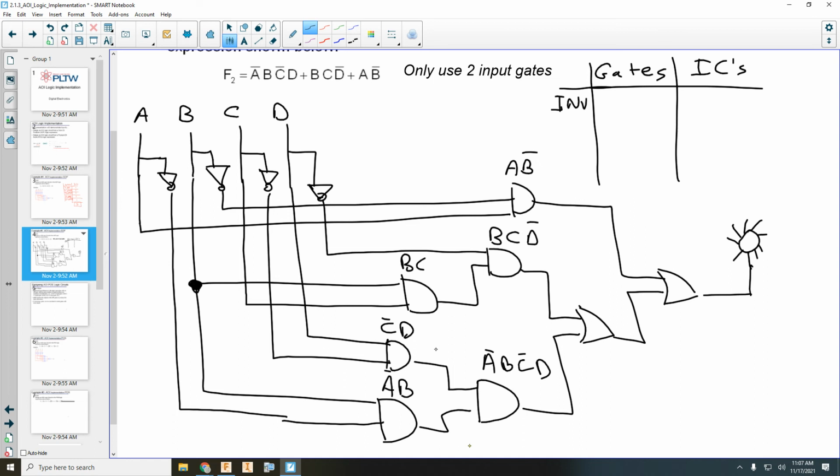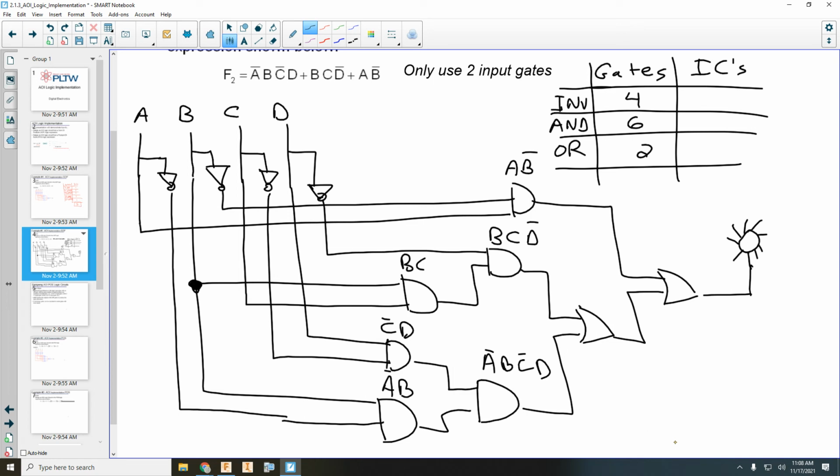Well, what gates do we have? We have inverters, we have AND gates, we have OR gates. Okay, so how many inverters do we have? We have what, 4? 4 inverters. We have 6 AND gates, and we have 2 OR gates.